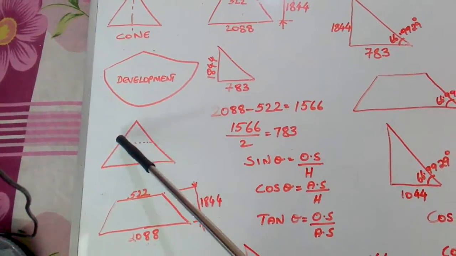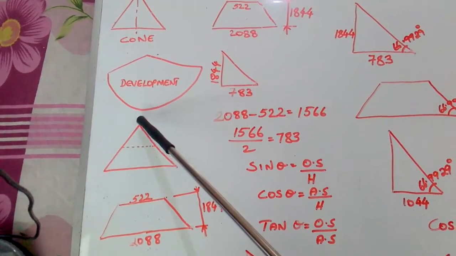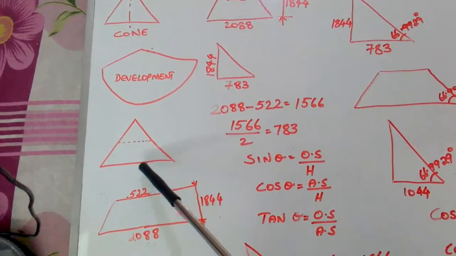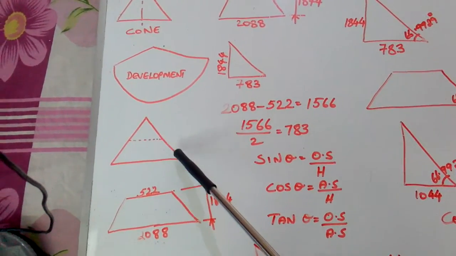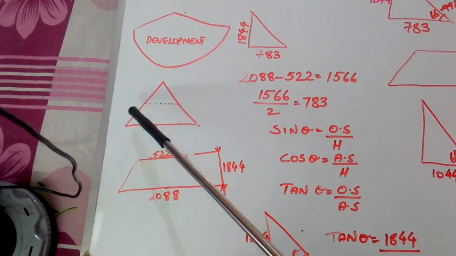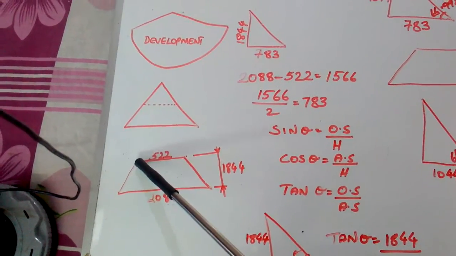We can avoid this portion. If it doesn't have this portion and has only this much, I have indicated its drawing here. This portion I have indicated here.